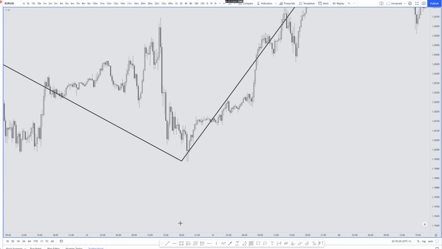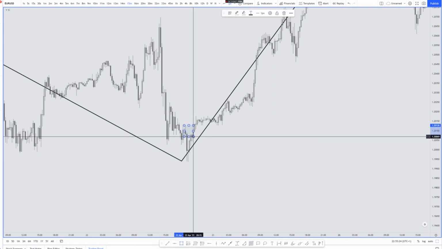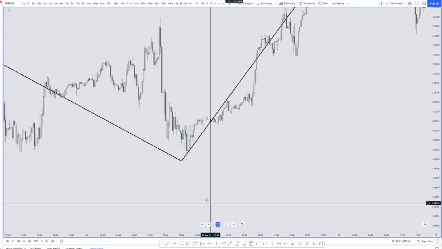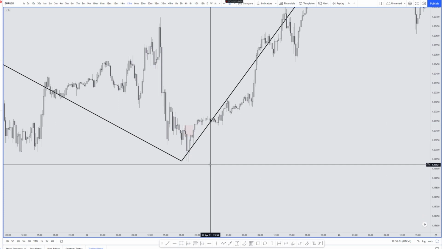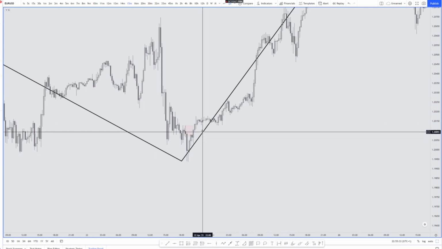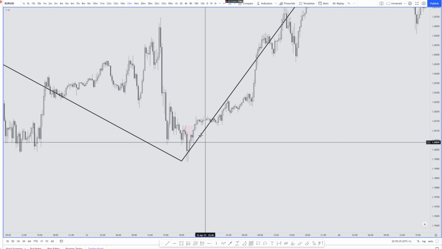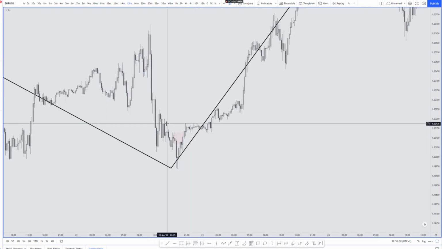Again, and don't worry, we won't do the whole chart, but I want to do a few examples so that everybody gets this. So again, you have a form of a supply, it fails. Now, in this case, they do not come back and mitigate this, but you do have more supplies that fail here.